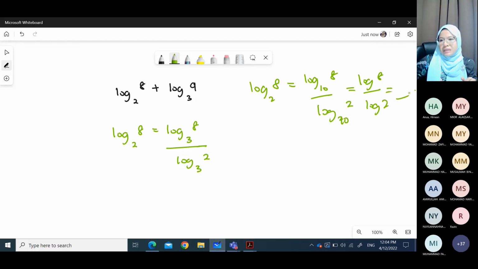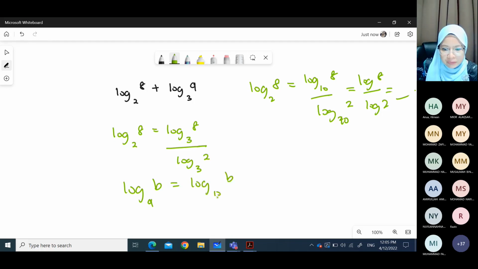So you akan dapat jawapan dia lah. Sebab dalam calculator tadi dia set log 10 sahaja. Kalau untuk calculator yang baru, you can use any base. So kaedah dia untuk tukar kepada log yang sama. Ini kaedah dia. Okay, in general, let's say we have log A B, we want to change to log 10. Okay, nak tukar kepada log 10, so dia akan jadi log 10 B over log 10 A. Okay, boleh?